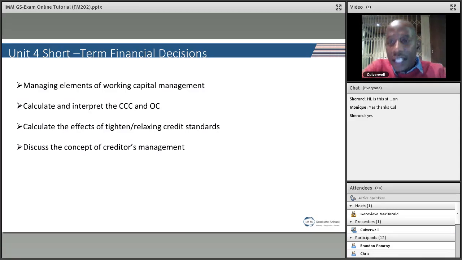So that is basically your learning unit 4. This is so important in an organization, because if you can't manage your day-to-day operations of a business, it doesn't matter how good your future and strategic direction or decisions that a company would have made, because you might not be seeing the future if you are failing to pay your short-term obligations as they are falling due.